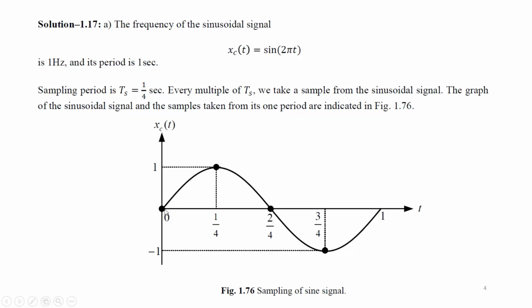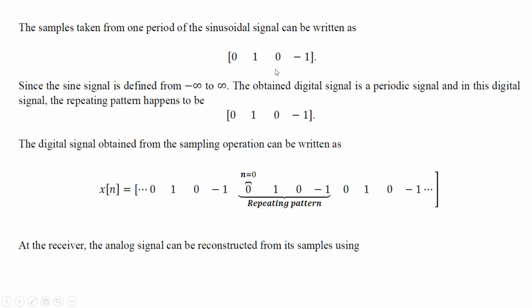All right, so this is how the sampling will be done. Now for n equal to 0, the value is 0. For n equal to 1, the value is 1. Then it is 0. Then this is minus 1. So 0, 1, 0 and minus 1. This is the digital sequence obtained. The samples taken from one period of the sinusoidal signal are 0, 1, 0, minus 1. But the sine signal extends from minus infinity to infinity.